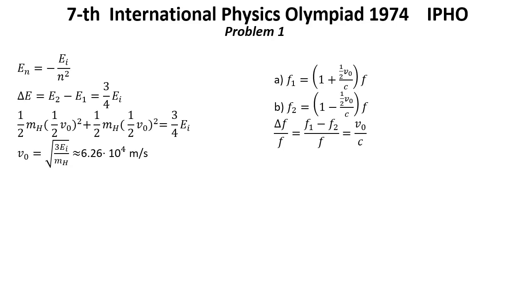One should notice that for visible radiation, or radiation not too far from the visible range, the recoil cannot significantly change the numerical results for the critical velocity v0 and the ratio delta f over f. The recoil is important for high energy quanta, but that is not the case here. So that was the solution for problem number 1.